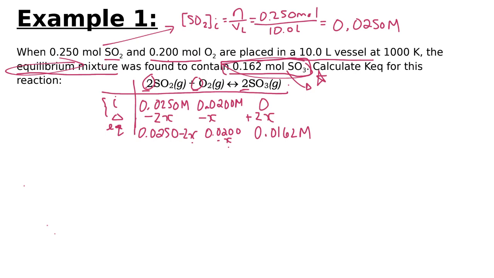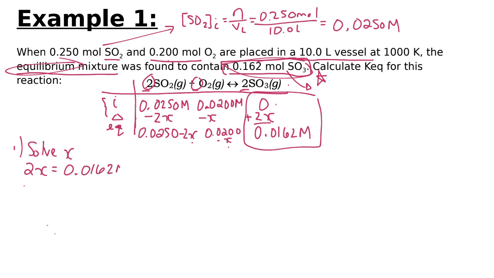So the first thing that we need to do is we have to solve for x. And we can solve for x because of this right here. So we know that initially we had no SO3. The change was 2x. So we know that 2x is equal to this equilibrium concentration of 0.0162 molar.